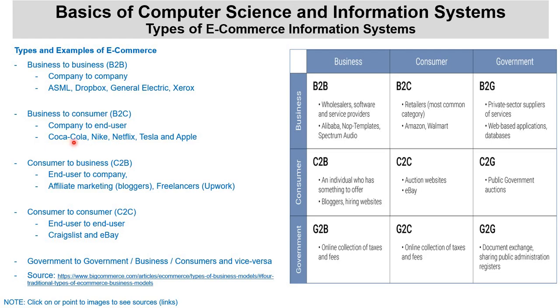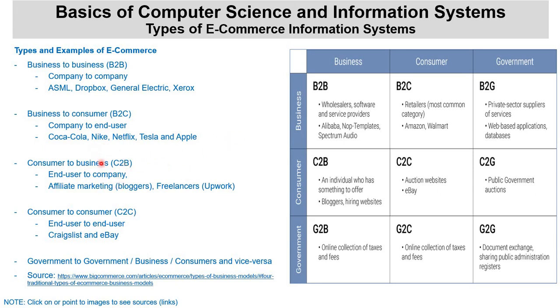An example is Coca-Cola. Coca-Cola is made by the Coca-Cola company and is distributed, and people like us can go to a shop and just get one, right? Or Netflix, or Apple computers or something like that.